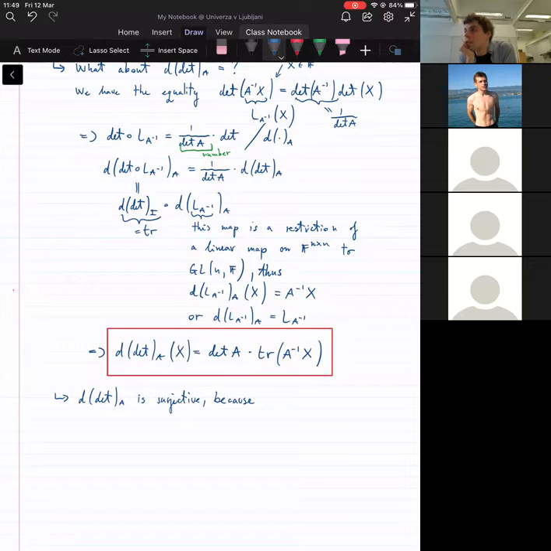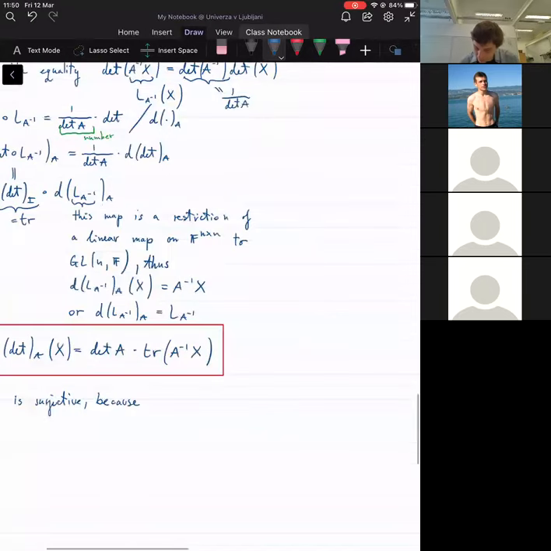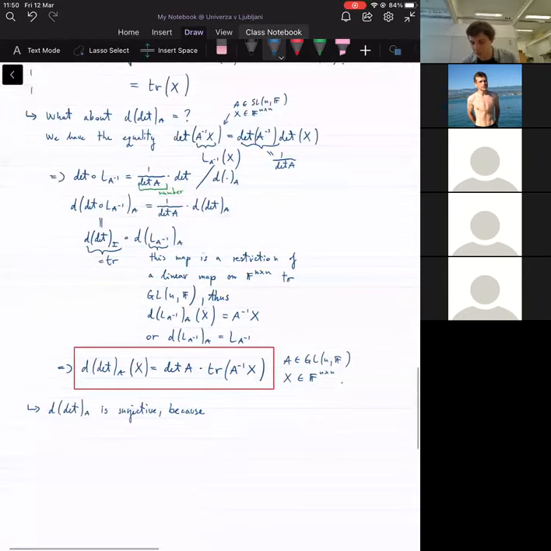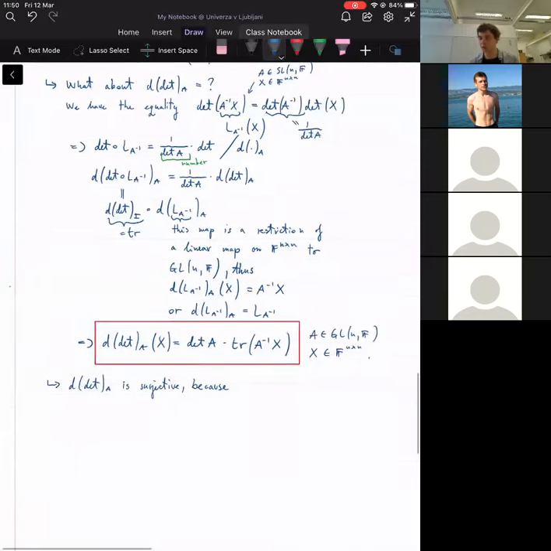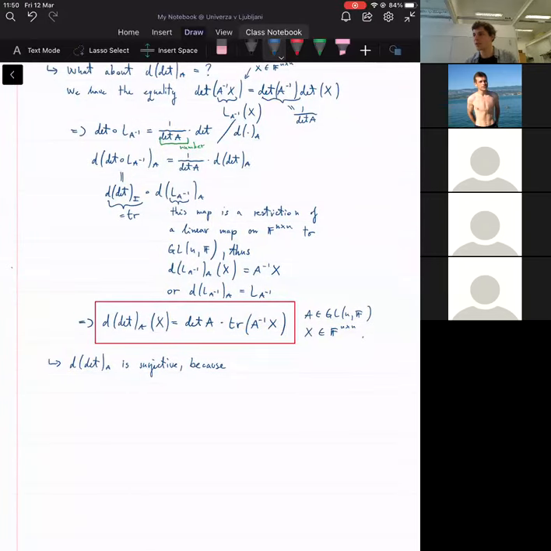Yes, but this is a general formula that holds for A in GL_n F. So you can write here A from GL_n F and x from F^{n×n}. Okay, we needed this formula. It obviously holds also for the case when A is from SL_n F.